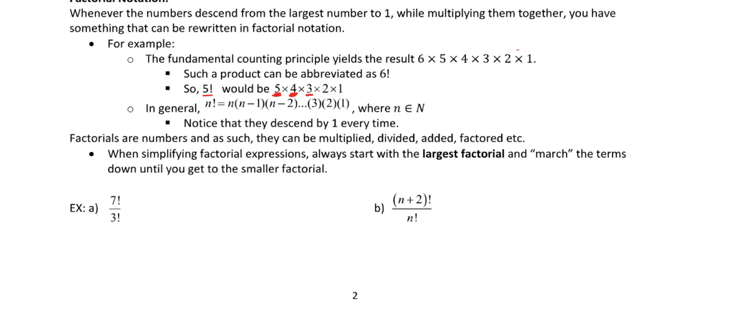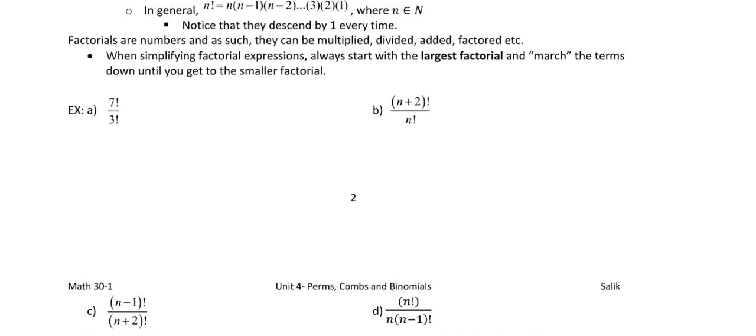Let's do some examples here. We can actually do some math with factorials too, if we write these things out. In this case, if we had 7 factorial over 3 factorial, that would be the same thing as 7 times 6 times 5 times 4 times 3 times 2 times 1, because that's what 7 factorial is.